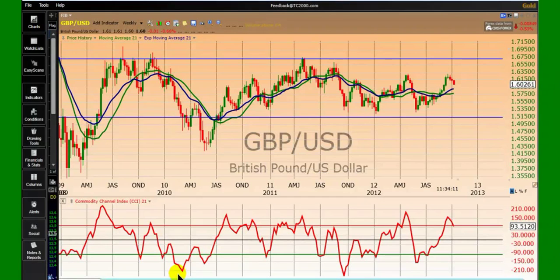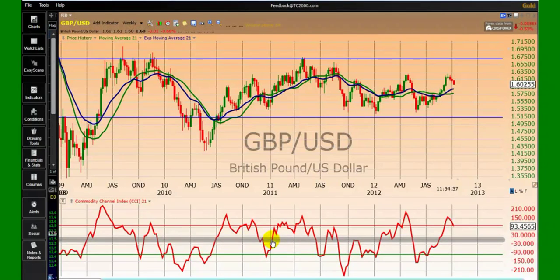Right here we can see the black line, this is the zero line. The zero line represents the simple moving average 21 or the exponential 21, because we are using CCI 21. So the zero line represents the moving average to which the price is compared.